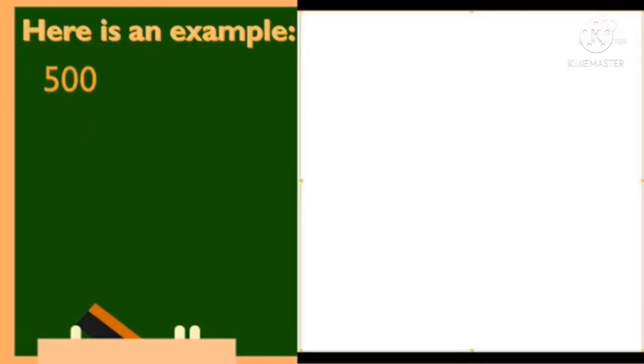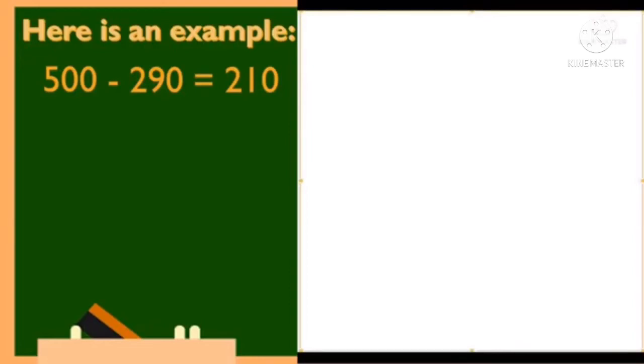So we have 500 minus 290 is 210. This will be the given mathematical statement. Now using this statement, we can also create other 3 mathematical statements using addition or subtraction.